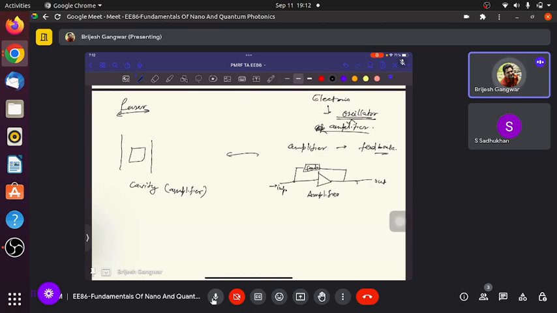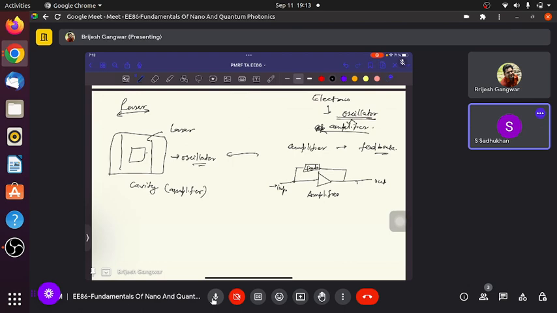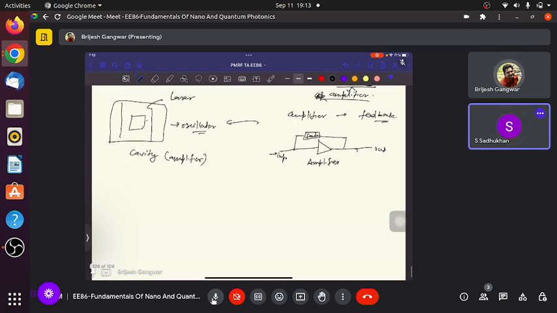The gain material provides the feedback to the cavity, so the whole system works as an oscillator. When this oscillator emits very high intensity coherent light, then this system is known as a laser system. You can read in detail.